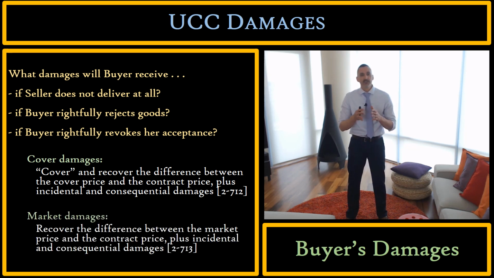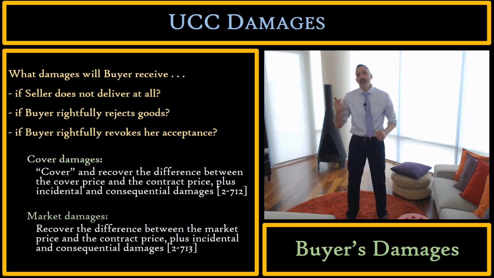Cover damages is the cost of getting substitute goods. So if buyer enters into a contract to buy goods from seller for $10,000, seller either doesn't deliver or delivers non-conforming goods, which buyer rightfully rejects, or seller delivers non-conforming goods, which buyer rightfully revokes her acceptance.